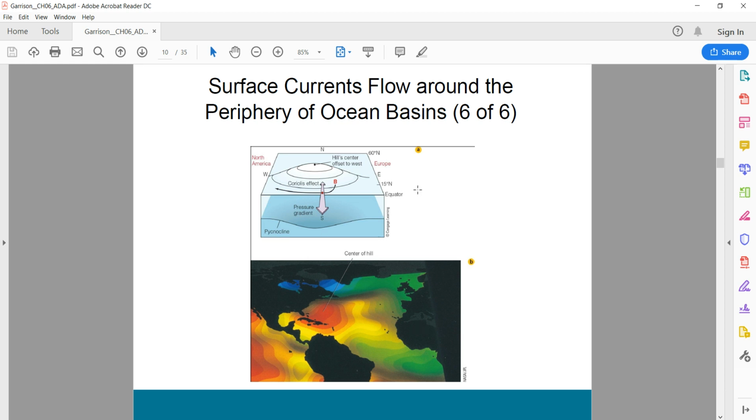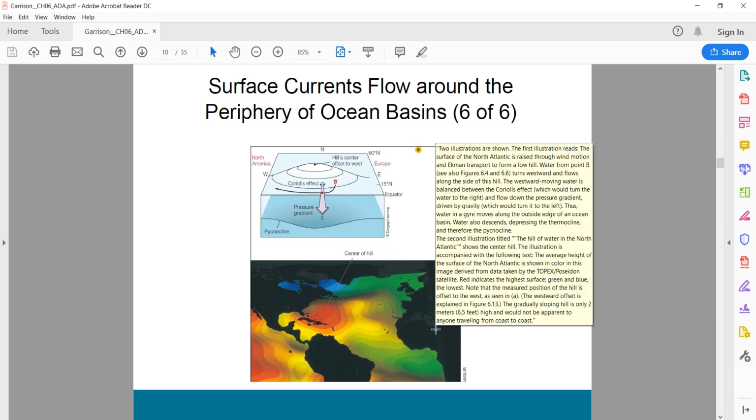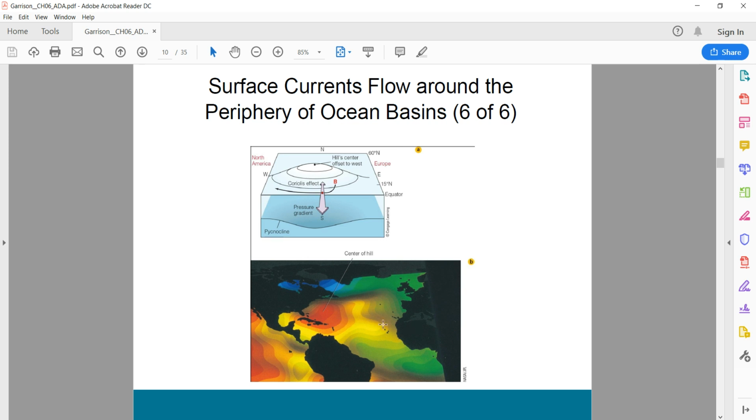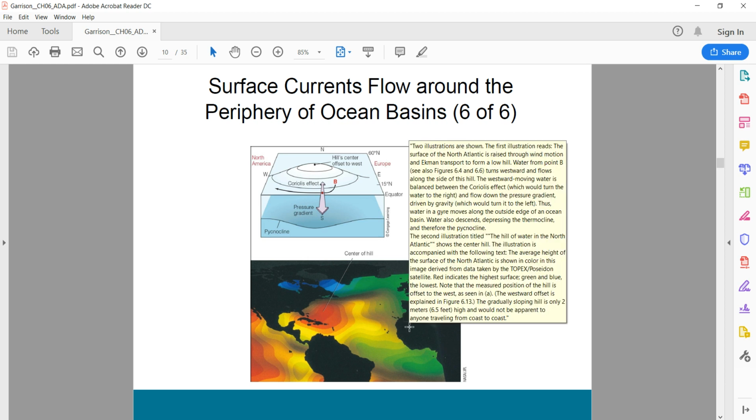But this mounding of water is not very significant compared to the entire width of this basin, which is about thousands of miles, around 6,000 miles wide, and this mounding is only about 10 feet, so that is negligible compared to the entire width of this ocean basin.